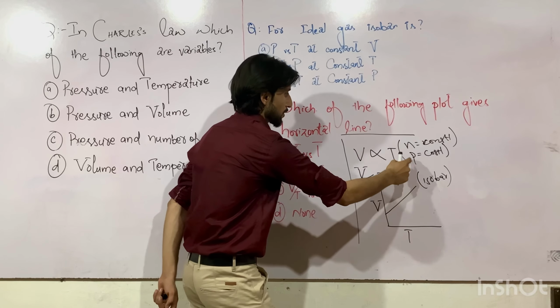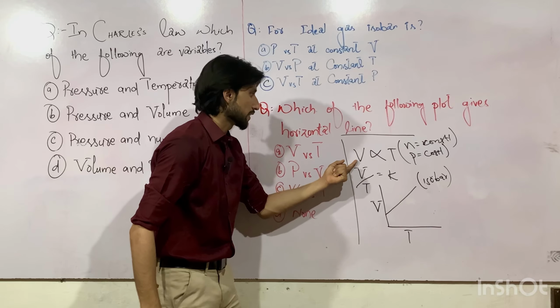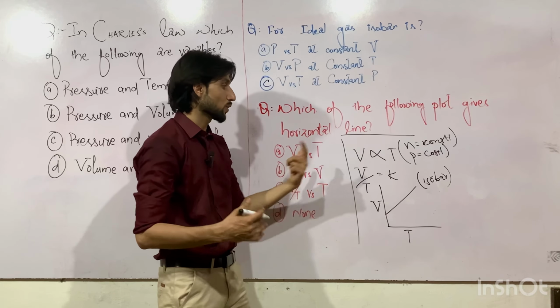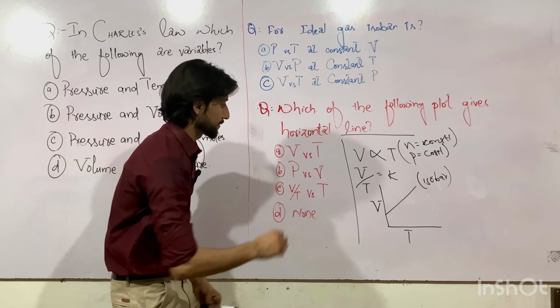So at constant pressure, for a certain amount of gas, the volume is directly proportional to temperature. If you increase the temperature of a gas, its volume also increases. So this was the relation.